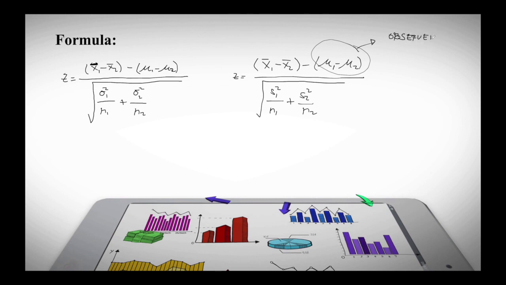Difference of what? Difference of those two sets of data. Next, the standard error of the difference; actually, this is the denominator. This is called the standard error of the difference, either in the first formula or in the second formula.